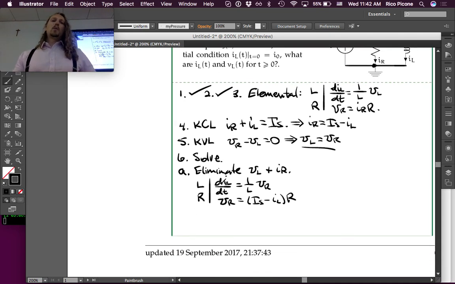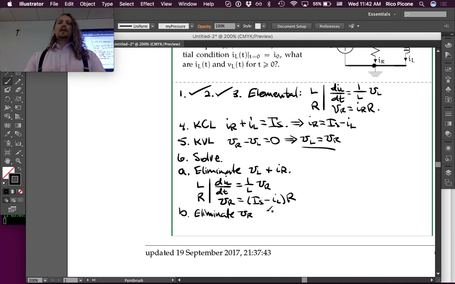We want to get it down to 1 because there's only one with time derivative in it. So we need to eliminate, which variable should we eliminate in B? VR. Let's eliminate VR. And it's pretty easy to do. Because you can just use this R equation, it's already solved for VR, and plug it into the L equation.